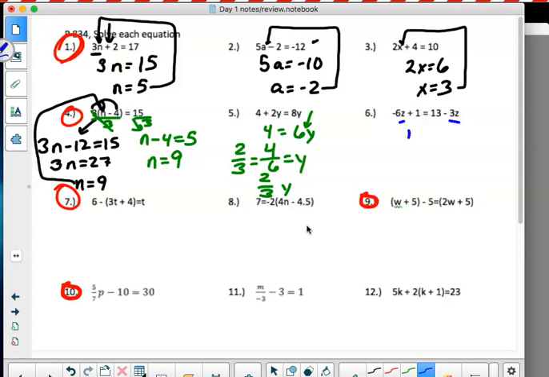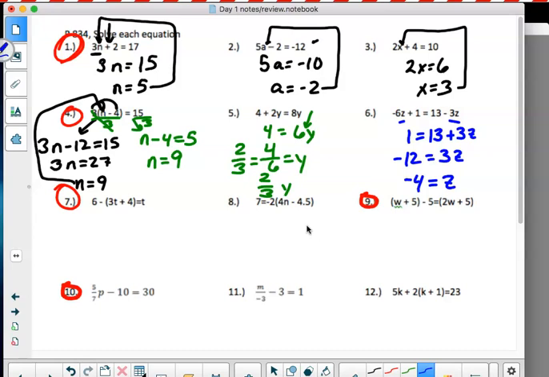Okay, so I've got 1 is equal to 13 plus 3z. I subtract 13, I get -12 is equal to 3z. I'm going to divide by 3, and I get -4 is equal to z. And I'm comfortable working that way. Whether you did it the other way or this way, -4 is our value for z all the time.